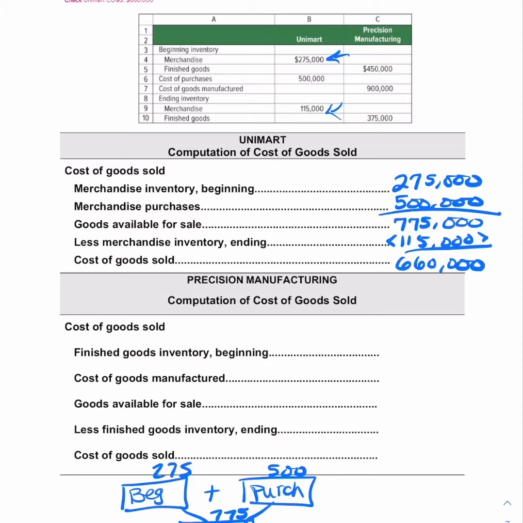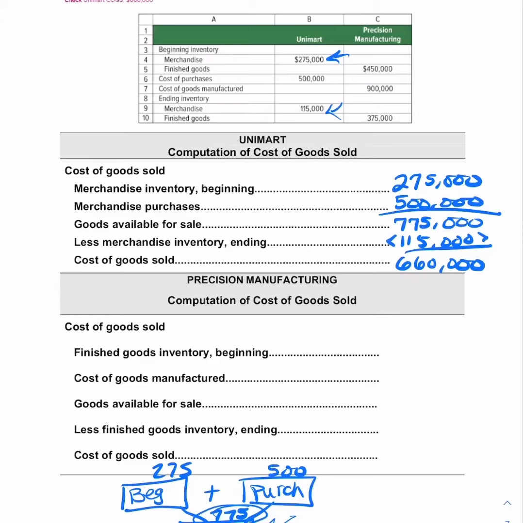They then tell me I've got $115 here, which means this $775 and this $115 have to come back equal. If $775 went into this middle right here, this $775 has to come out. If $115 went to the ending inventory, then the $660 must go to the cost of goods sold.